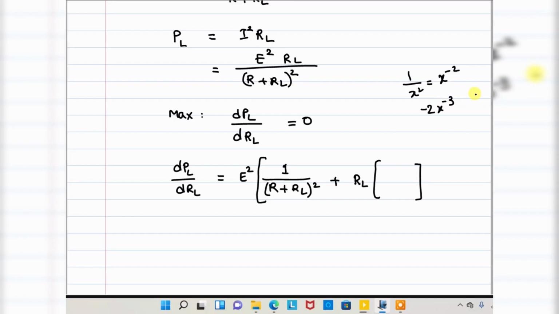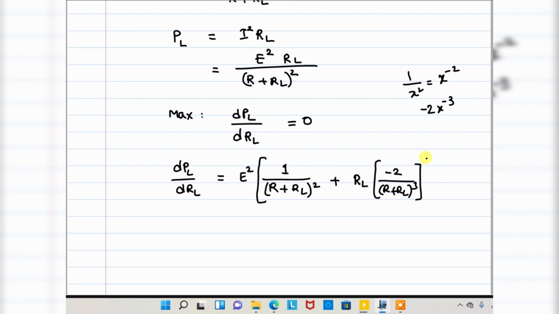Applying the same here, RL times minus 2 divided by R plus RL to the power of 3.